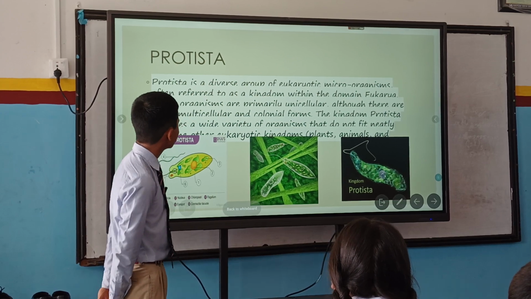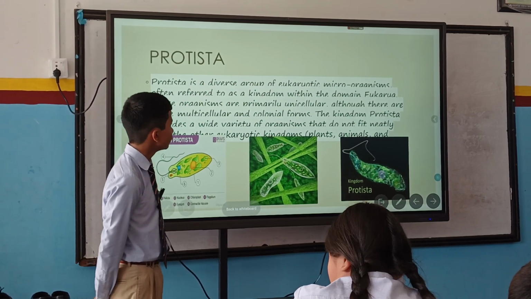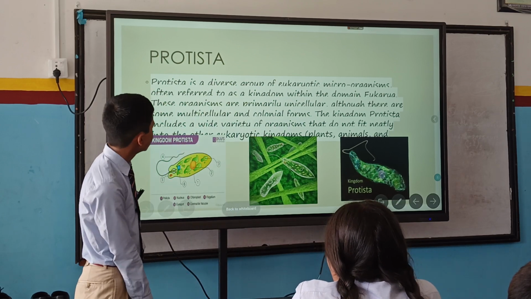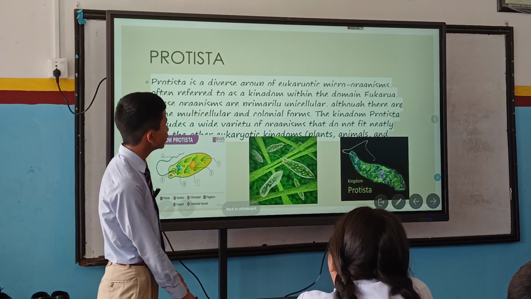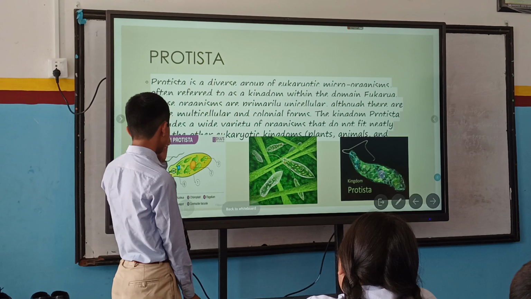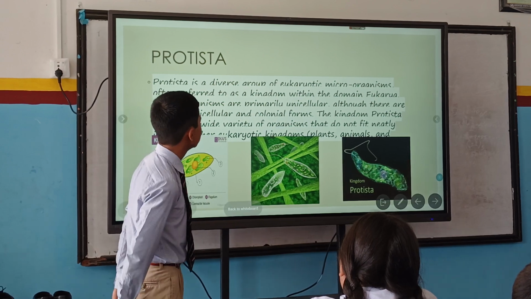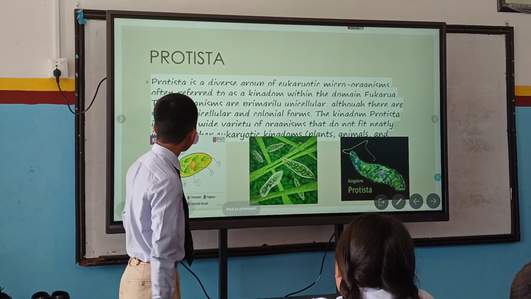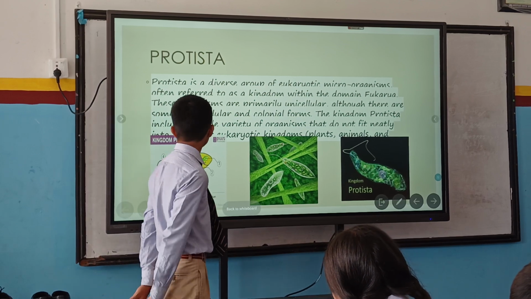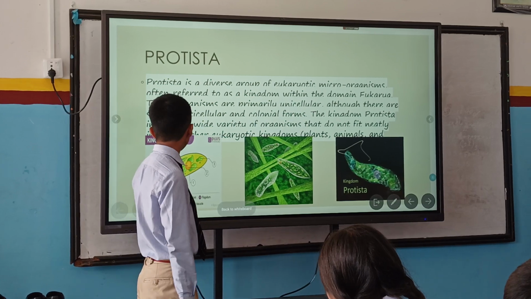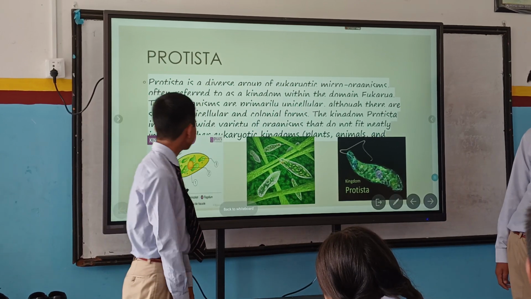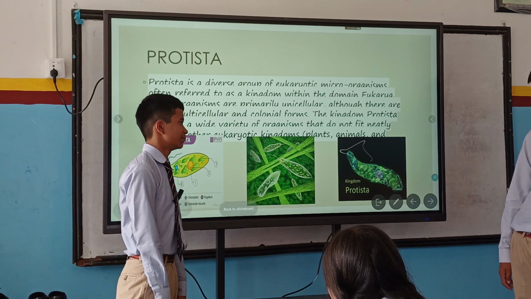They are also known as a kingdom within the domain Eukarya. The kingdom Protista includes a wide variety of organisms that do not fit into the other eukaryotic kingdoms: plants, animals, and fungi.